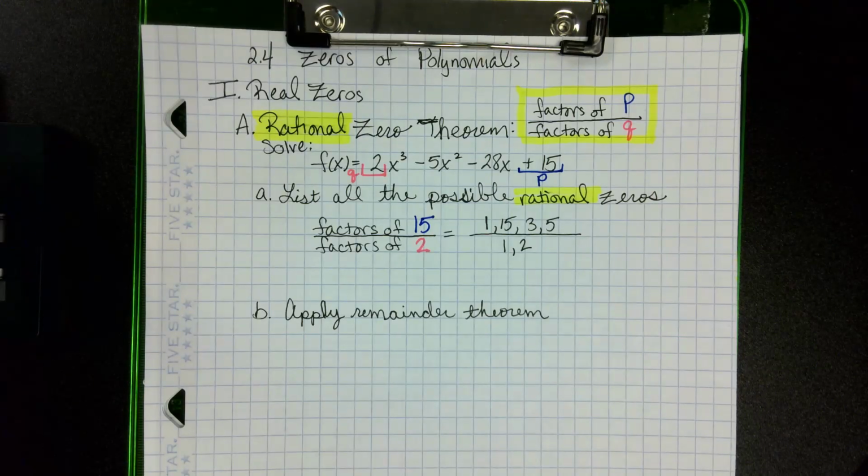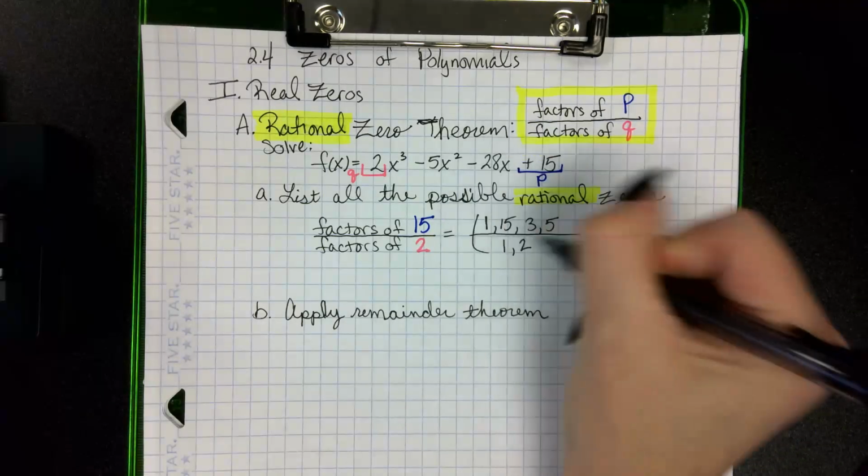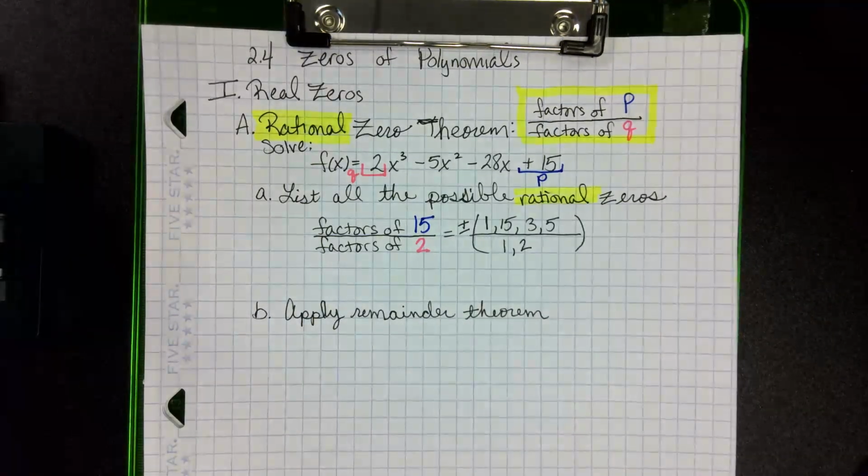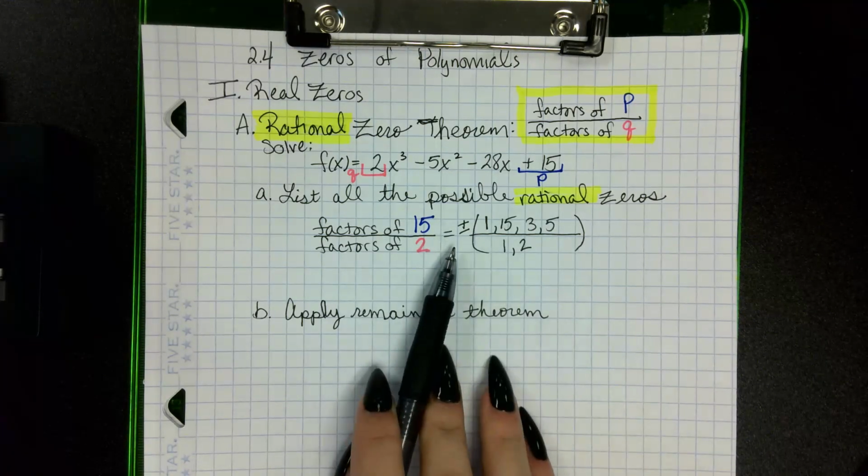Except for, I'm just speaking of positive numbers right now, but what if it was negative 1 times negative 15? That would also equal 15. So it could be all of the positives or the negatives. Now you have the option of writing them out as all positives and all negatives if you want to, but I'm fine with the plus or minus.